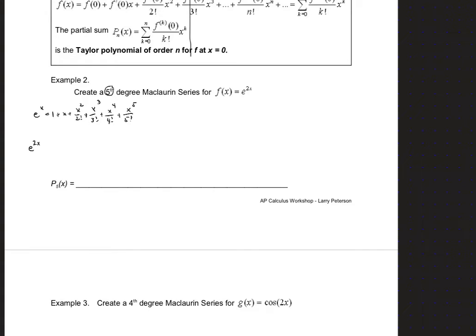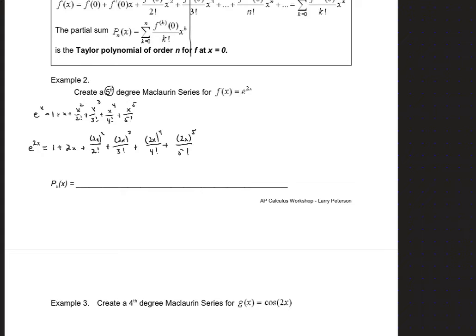So e to the 2x means we can replace those x's by 2x's. So it will become 1 plus 2x plus the quantity 2x squared over 2 factorial, and then the quantity 2x cubed over 3 factorial, the quantity 2x to the 4th over 4 factorial, and the quantity 2x to the 5th over 5 factorial. And that would be fine just leaving it like that.